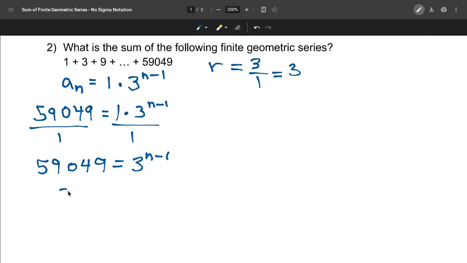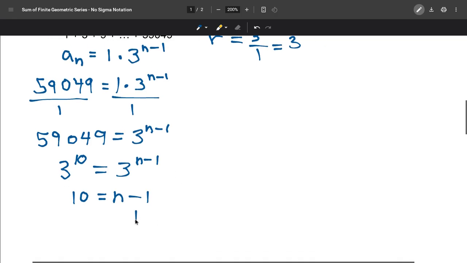All right, so we can say 3 to the 10th power equals 3 to the n minus 1 power. So now I'm going to say 10 is equal to n minus 1. I'm going to add 1 to both sides, and I get 11 is equal to n.